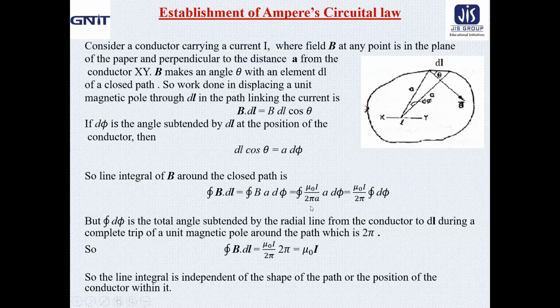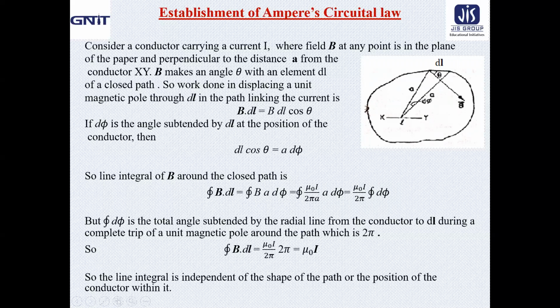So it is mu naught I by 2 pi a into a d phi. Now these two a will cancel out and we will get mu naught I by 2 pi. Everything is constant, so we take it outside the closed loop integration, and inside we have the d phi.